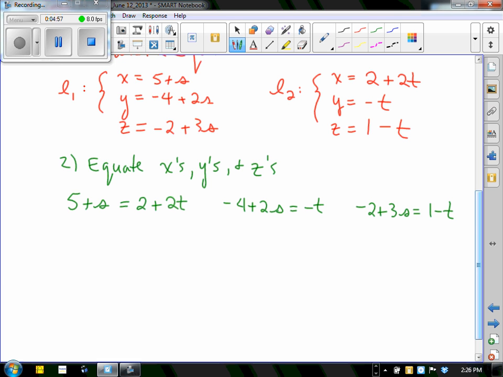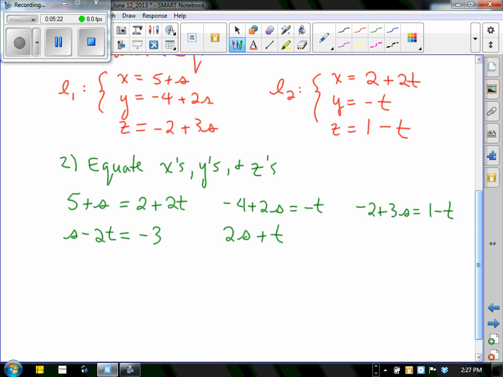We'll group our s and t's to one side, constant term to the right-hand side. So we have s, let me write a cursive s because that kind of looks like a 5, s minus 2t, and we'll have 2 minus 5 on the right-hand side, which is negative 3. We'll do the same thing for the equation in the middle. We'll bring the minus t over to the left-hand side.